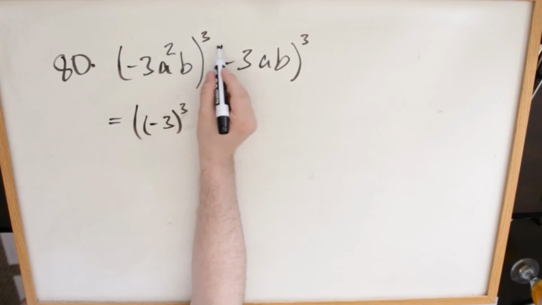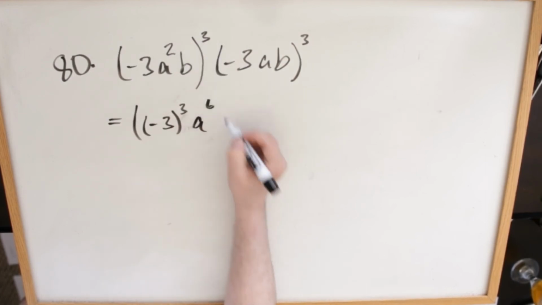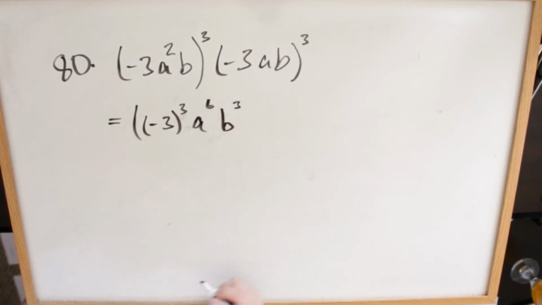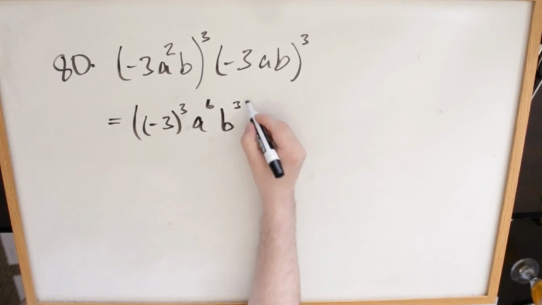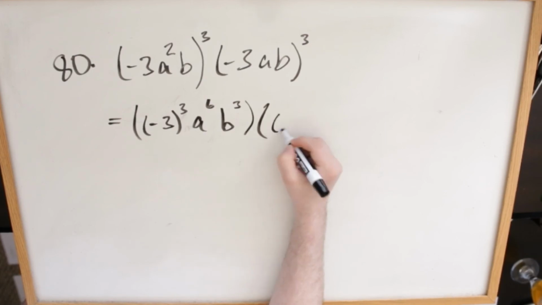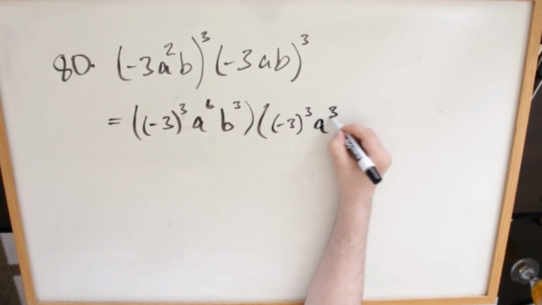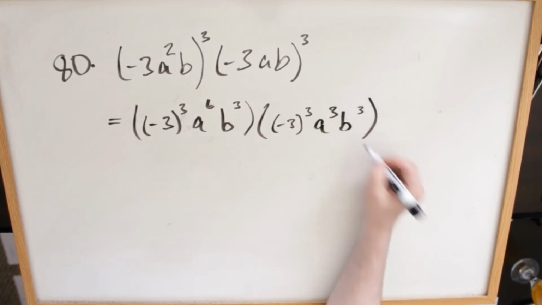So a squared to the 3rd is a to the 6th, because I have 2 times 3. b to the 3rd. And I'm going to be multiplying this by a minus 3 raised to the 3rd power, a to the 3rd power, b to the 3rd power. Okay? Just distributing those exponents.